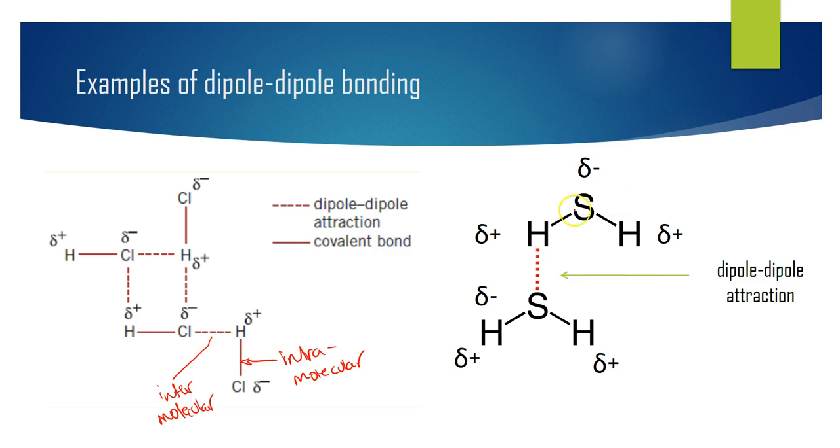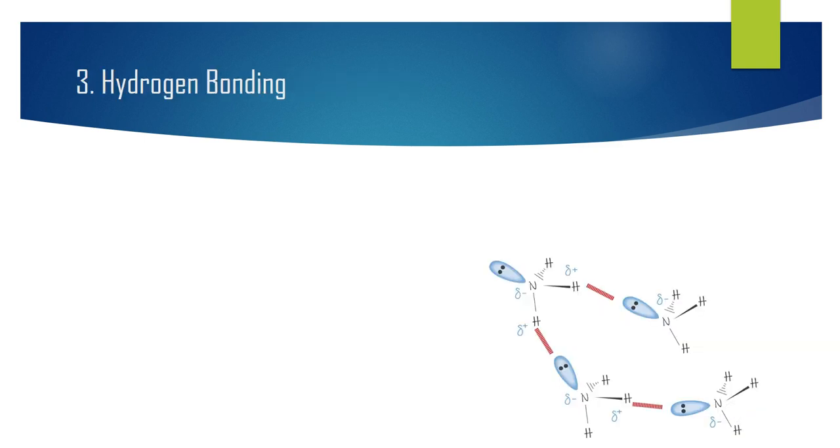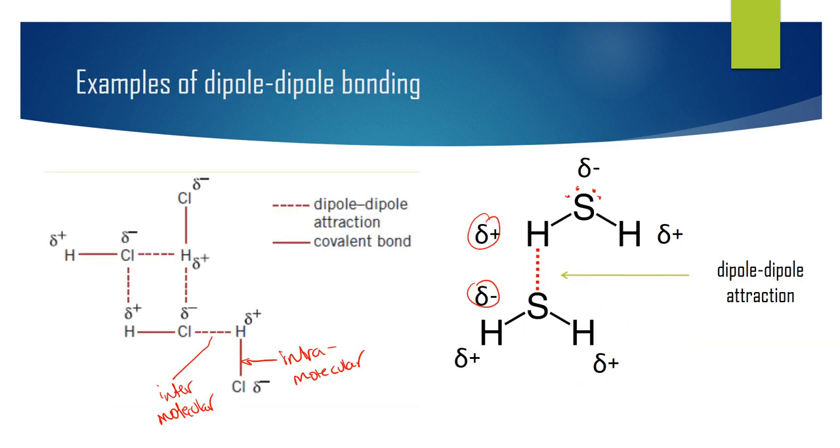In SH2, remembering we've got 2 lone pairs on our sulfur, we have delta plus and delta minus. This dashed bond again is showing a dipole-dipole attraction between these partially positive and partially negative dipoles. So that's dipole-dipole. Any polar molecule that has a permanent dipole, which is all polar molecules, will have dipole-dipole attraction.